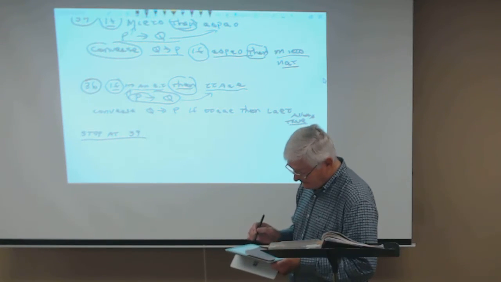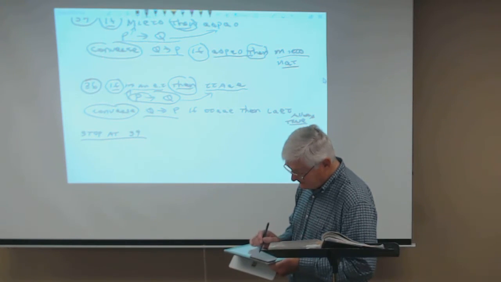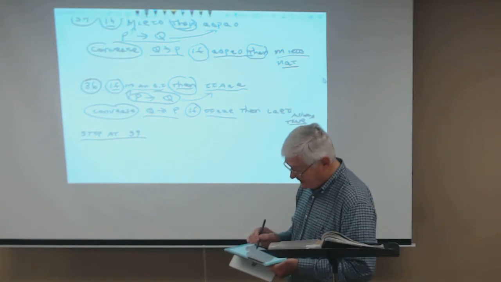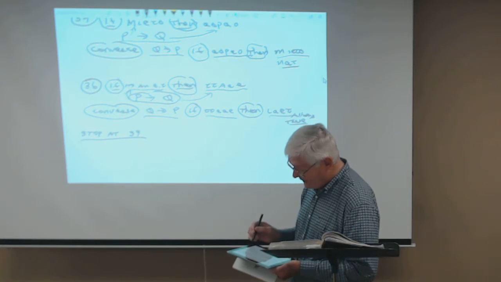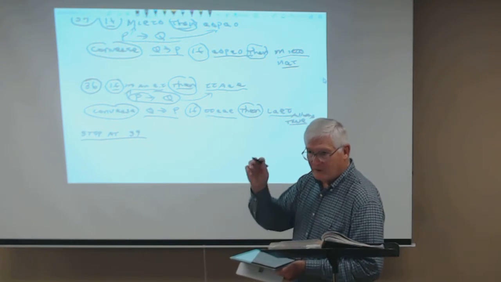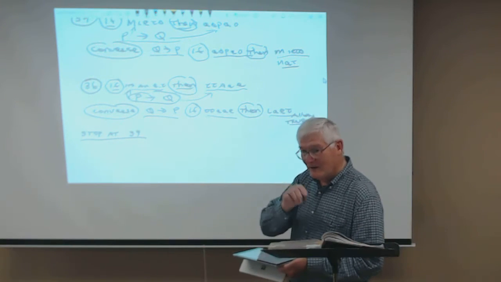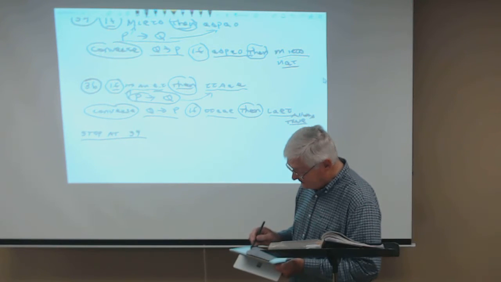Q is the angles are equal. The converse would be if Q then P, which says if the angles are equal, then it's an equilateral triangle. Is that always true? If the three angles of a triangle are equal, you've had geometry? Good. You say if the three angles of a triangle are equal, it's an equilateral triangle. So that would be always true.